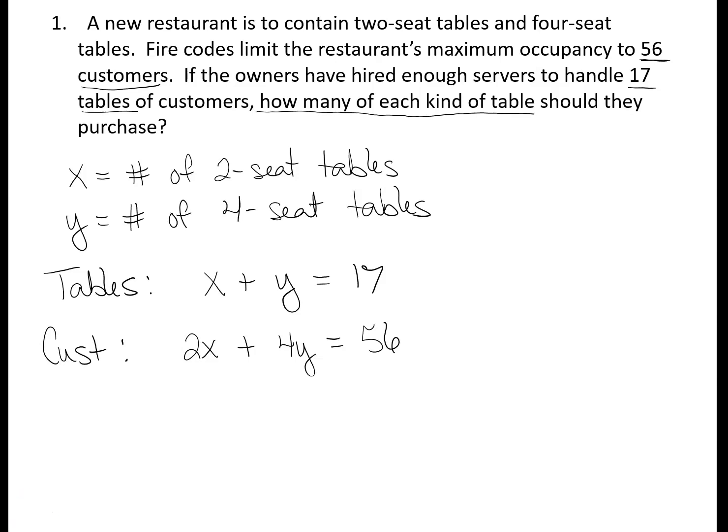Okay, so now we're ready to solve the system. Here you could choose addition or substitution. Either one would be fine. As long as I have a variable that has a coefficient of 1 or -1, then substitution is a good method. And I do. In this first equation, I have 1 in front of x, 1 in front of y.